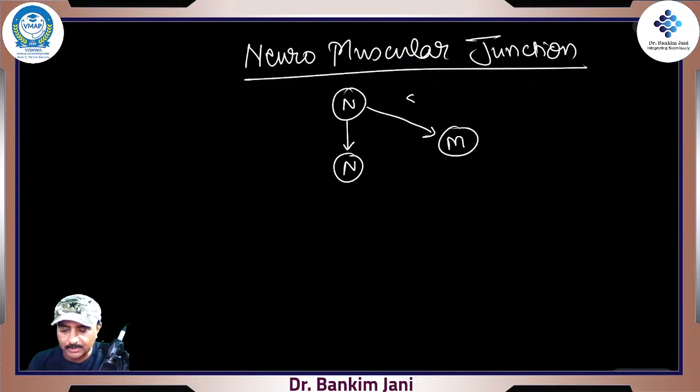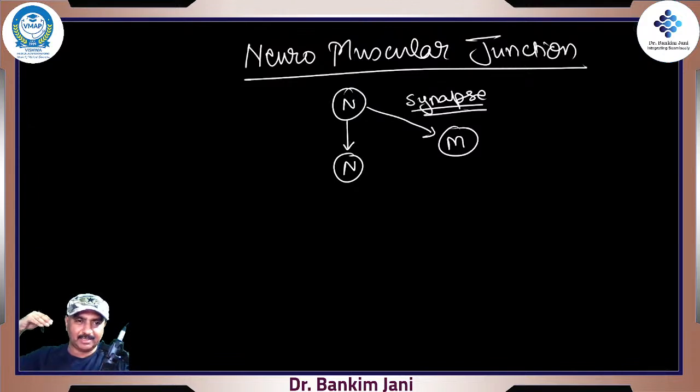So here also this is a type of synapse only, correct? It is a type of synapse because at no point of time would the nerve be directly touching the skeletal muscle, the way it is never touching the next neuron.